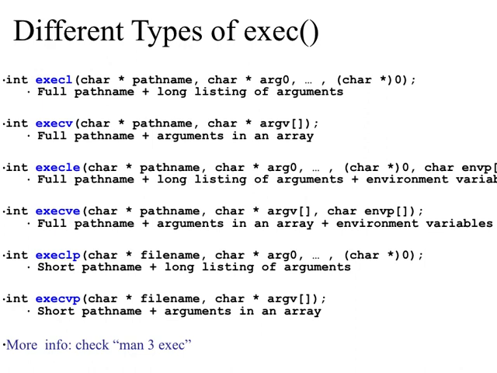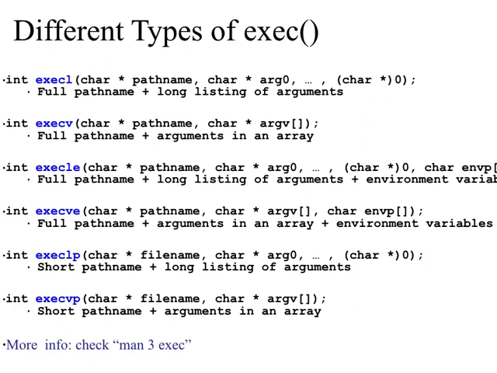So here's a listing of a number of variants of the exec system call. Again, you don't have to memorize everything. Normally, you can just look up the man pages and pick the version of the exec system call that's most useful.